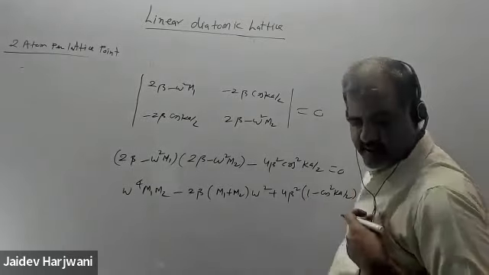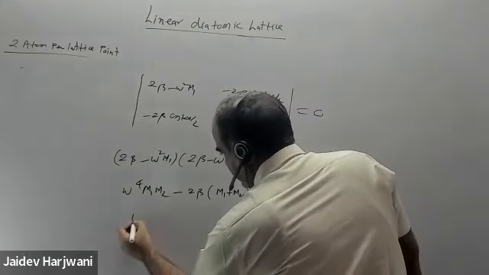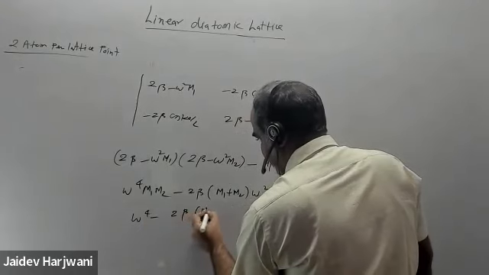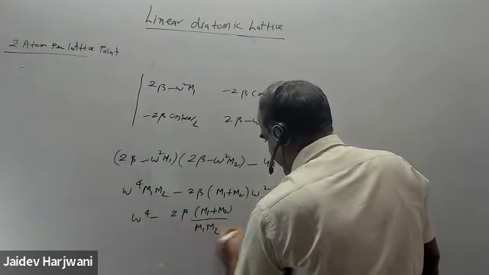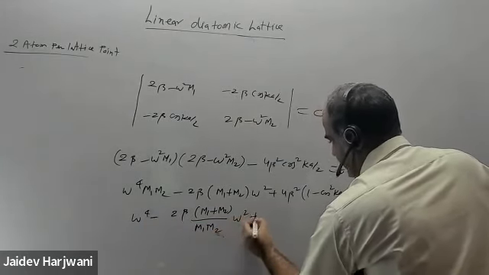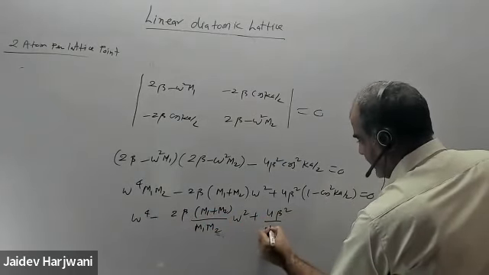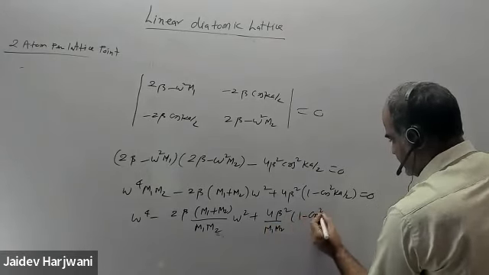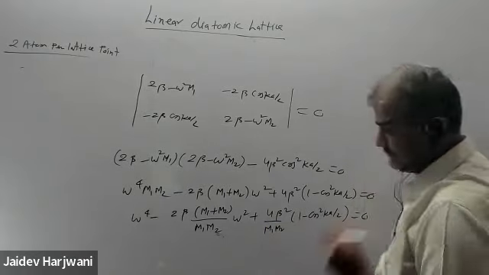Now this is a quadratic equation in ω². So I can write ω⁴ - 2β (m1 + m2)/(m1 m2) ω² + 4β² /(m1 m2) (1 - cos²(k/2)) = 0.